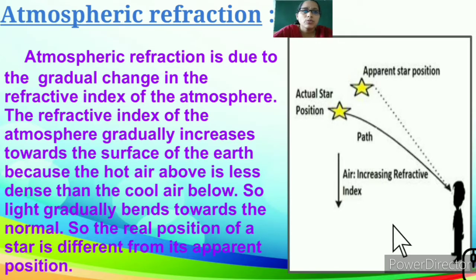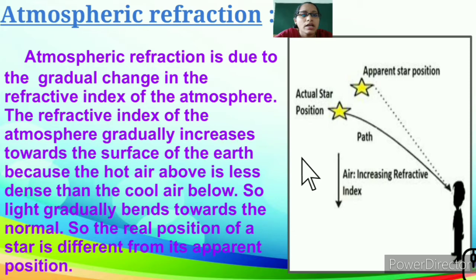So let's see atmospheric refraction. So there is a gradual change in the refractive index of the atmosphere. Why is there a change? Because the density of the atmosphere gradually increases towards the surface of the earth. When it nears the earth, there is hot air, but above it is dense or cool air.